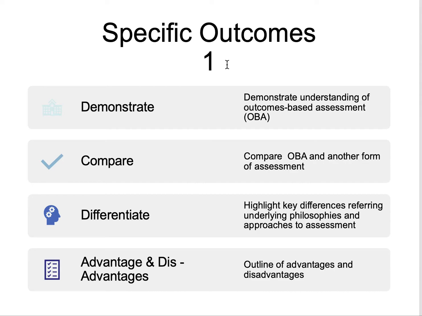Lastly, you need to be able to state precisely what the advantages of outcome-based assessment is and what the advantages of content-based assessment is. And lastly, you need to be able to state their disadvantages as well. Okay.